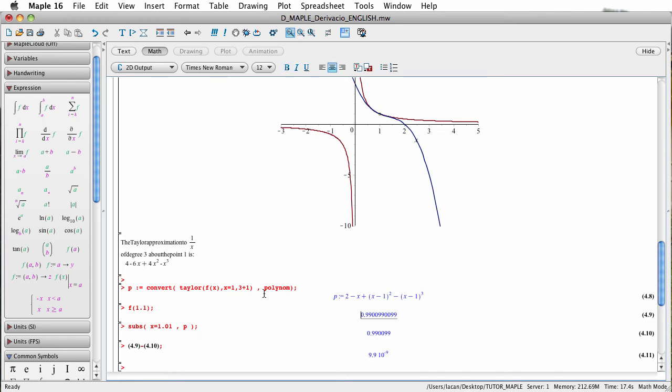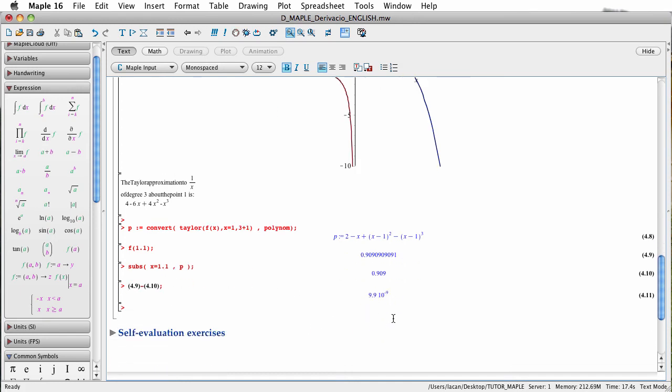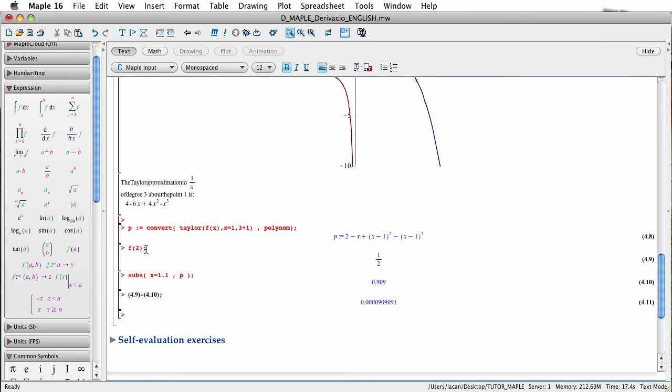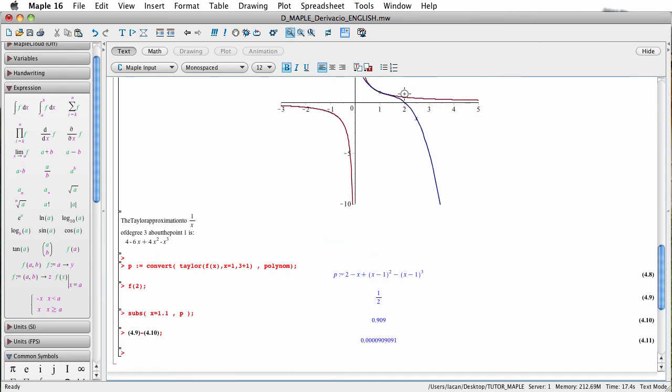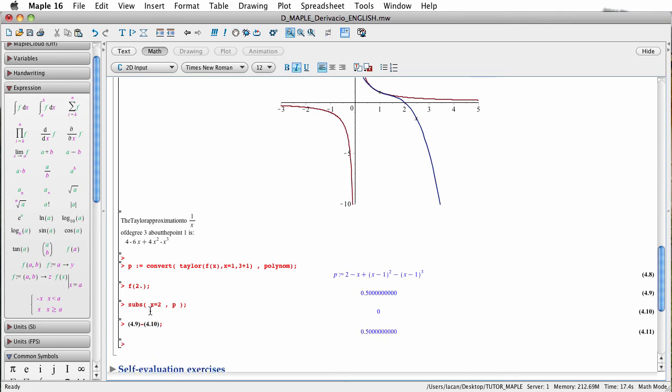If I now take a point which is further, 1.1, you get that we also get a good approximation, but the error increases. Okay, and if I take the point 2, so you can see clear here that the difference is larger, the error is 1/2. Okay, so the error is 1/2.